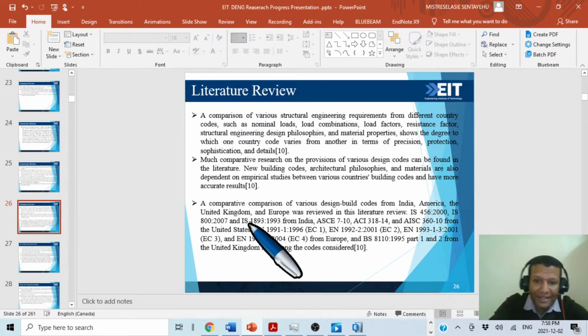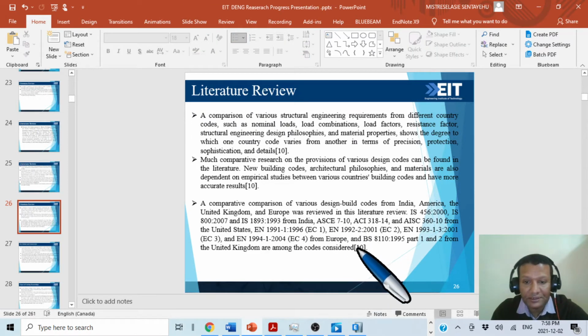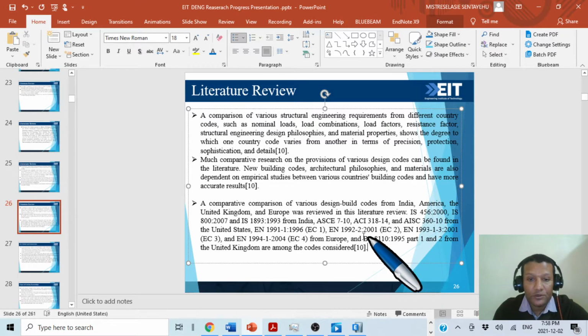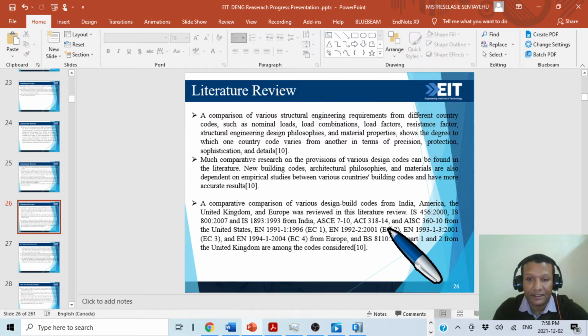So I try to make it very short, but in his paper, this researcher made a huge amount of comparison, and he discussed the whole idea of which code is better than the other. And in my research paper it is included here.